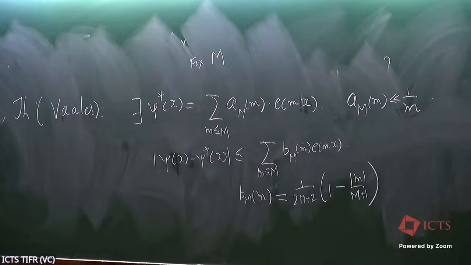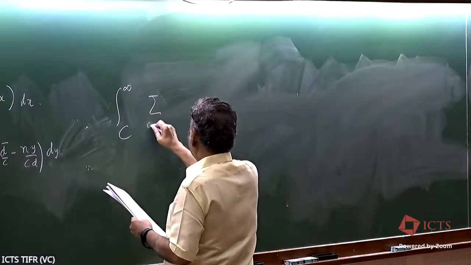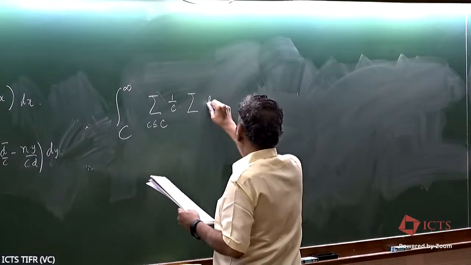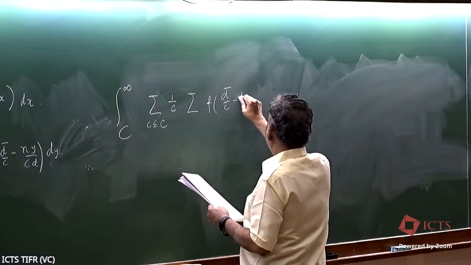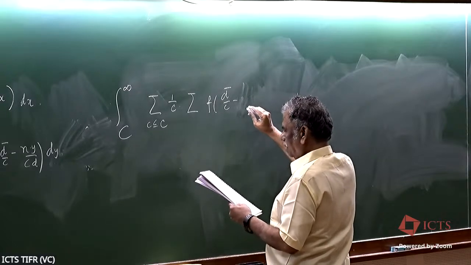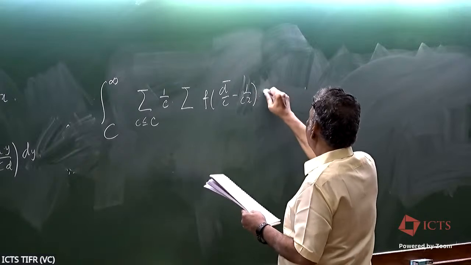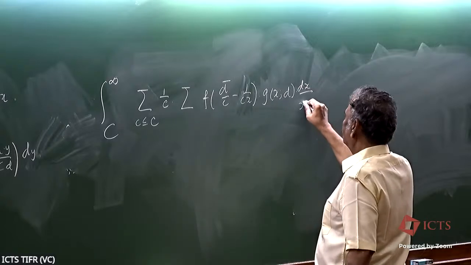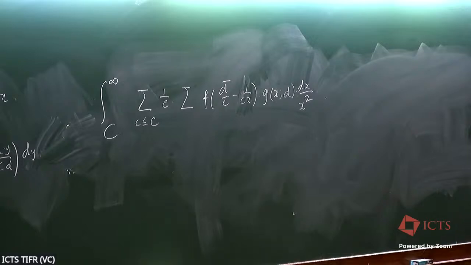Consequently, the integral which we are looking at is 1 over 2 pi i, sorry, there's no 2 pi i, the integral from capital C to infinity, summation over little c less than or equal to capital C, there's a 1 over c, and then you have a summation of f of d bar by c minus 1 over cx, no, this I have already made different, 1 over cx, into this g of x, d, into dx by x square. That's the summation which I have.